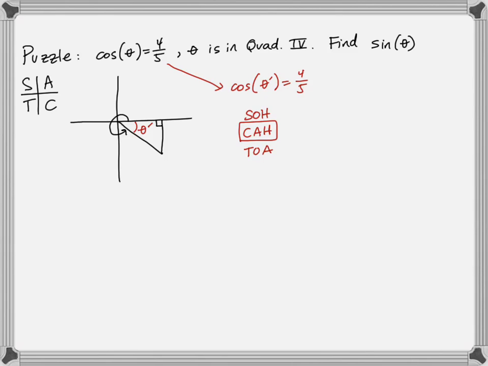Cosine is adjacent over hypotenuse, so I'm going to make this 4/5 my adjacent side divided by my hypotenuse. I'll make the adjacent side 4 and the hypotenuse 5. As long as that ratio is 4/5, I can put any numbers that I want on that right triangle. Then I'm just going to figure out this other side.